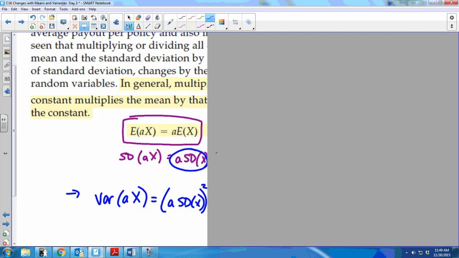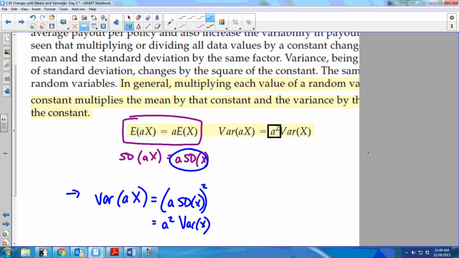So you would have to square the constant before you multiplied it by the variance. That is the math behind this rule. Because the variance is the square of the standard deviation, then instead of just multiplying, you have to square that constant that's associated. Just the constant, because you're squaring the standard deviation that is the variance.